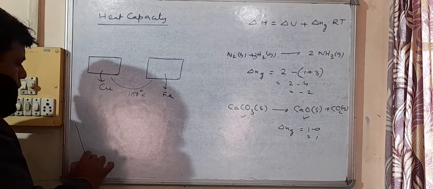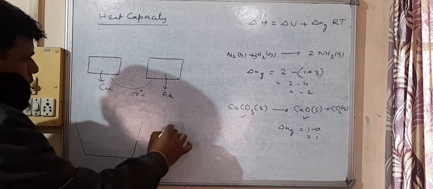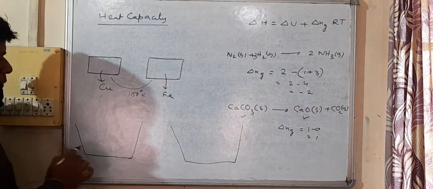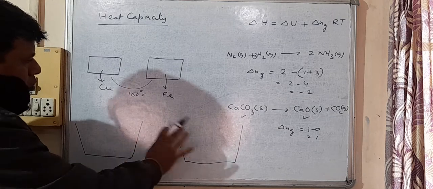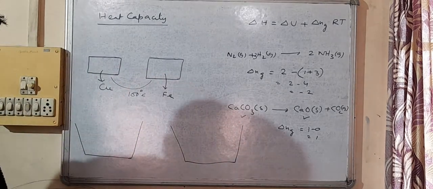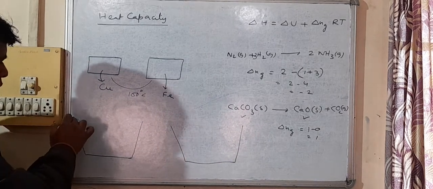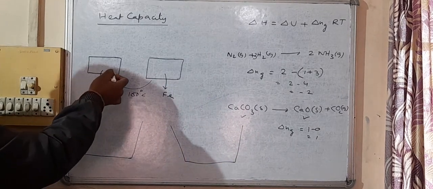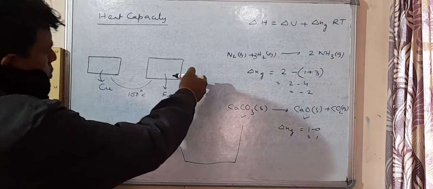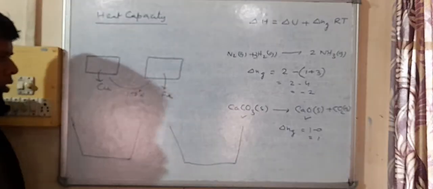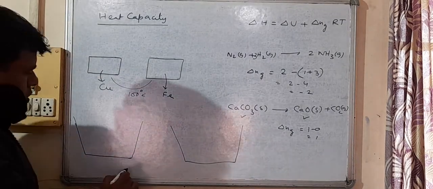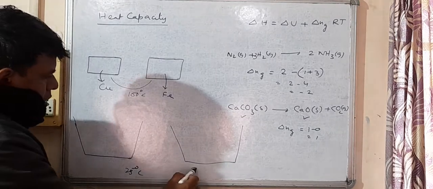Now we have two containers with an equal amount of water in both of them, at the same temperature also. Now if we put this copper body into the water here, and the iron body into the water here, suppose initially the water has a temperature of 25 degrees Celsius.